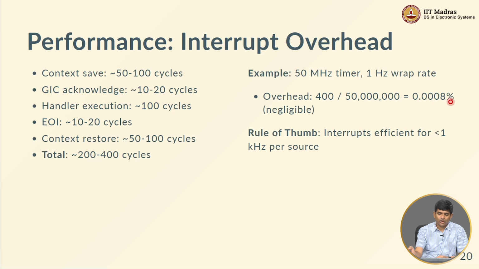But if your clock frequency was lower, or the overhead of handling an interrupt was higher, then even 1 kilohertz might be a problem. So all of these numbers are relative. Do not take any of these as hard and fast rules. You have to calculate it in the context of the system that you are trying to build.